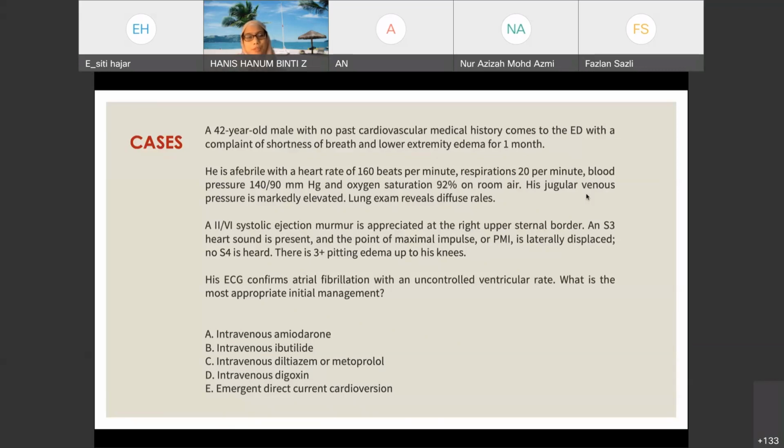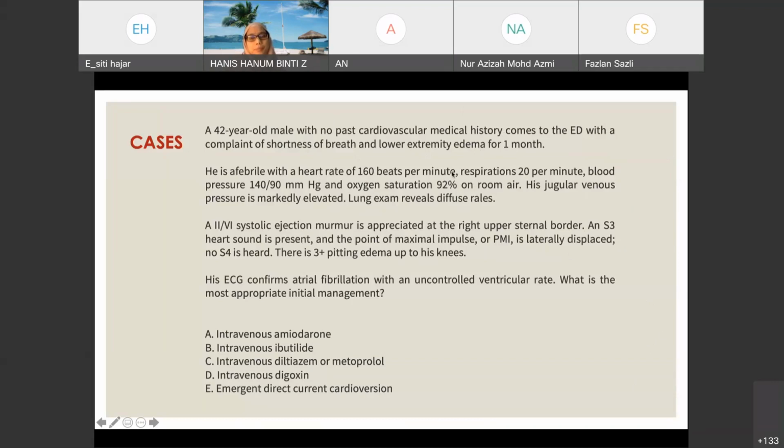Right. So, what do you guys think? What do you think is the answer? Anyone? Let's look at the case. We have a 42-year-old male who came to the ED with a complaint of SOB and lower extremity edema for 1 month. He has a heart rate of 160 beats per minute.